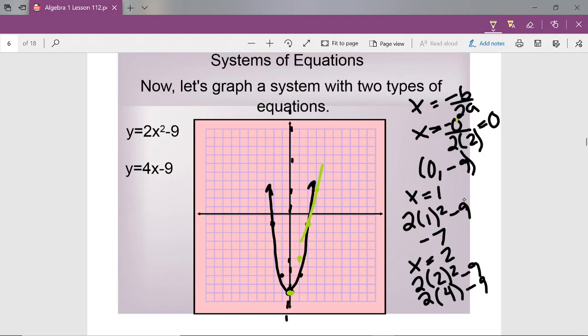And here is my line. And it looks like it does actually cross in 2 distinct points. It looks like it crosses here at 0, negative 9. It also looks like it crosses here at 2, negative 1. Well, we can check both of these, but you will see when you plug them in and check that both of them are solutions to the equations.